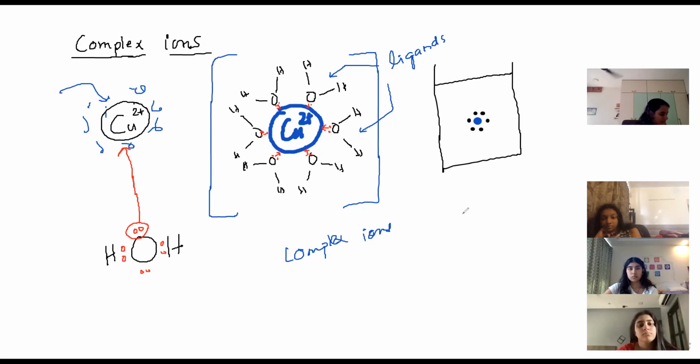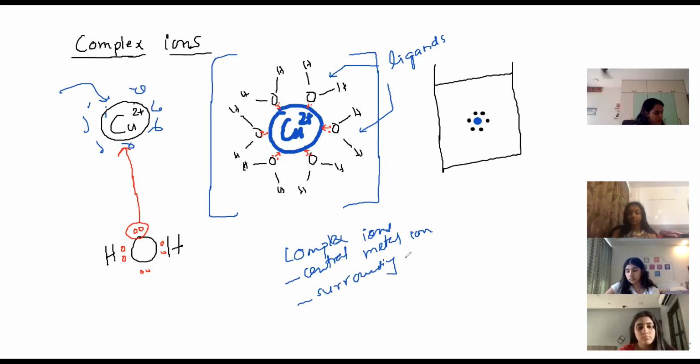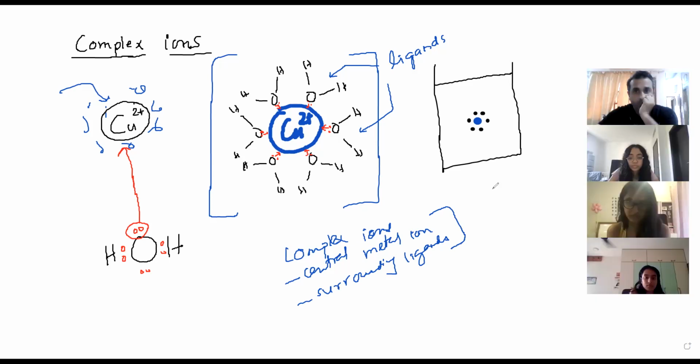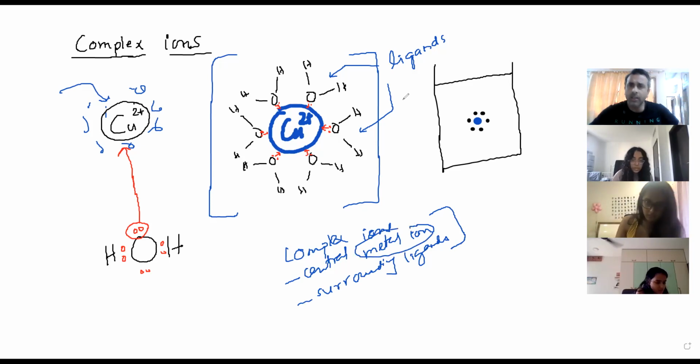So a complex ion will have two things: the central metal ion and the surrounding ligands. Complex ions are made up of these two particles, and a simple ion is only the metal ion, with no ligands around it.